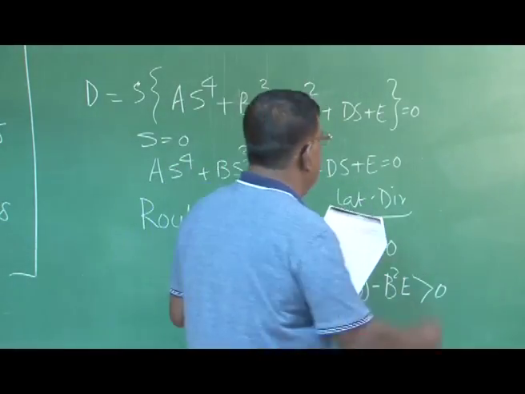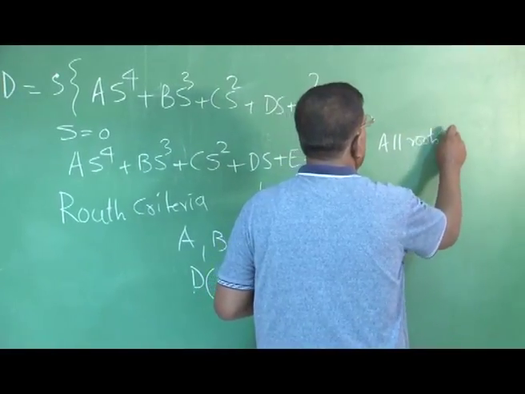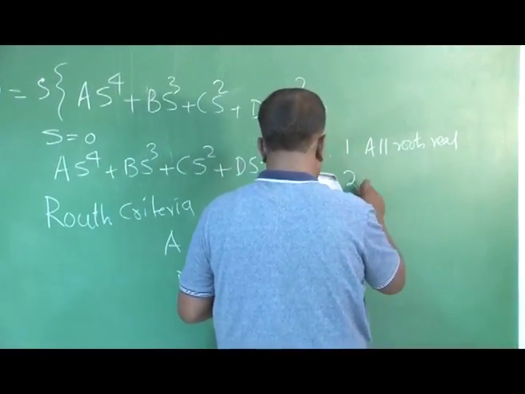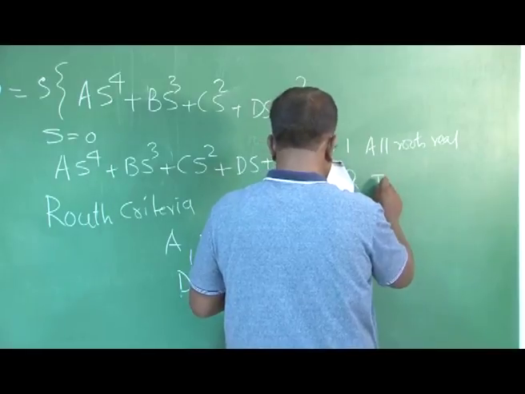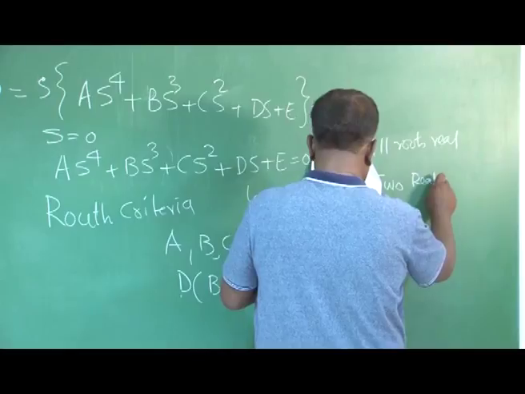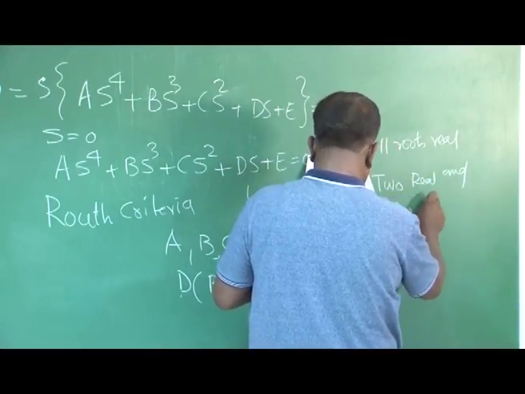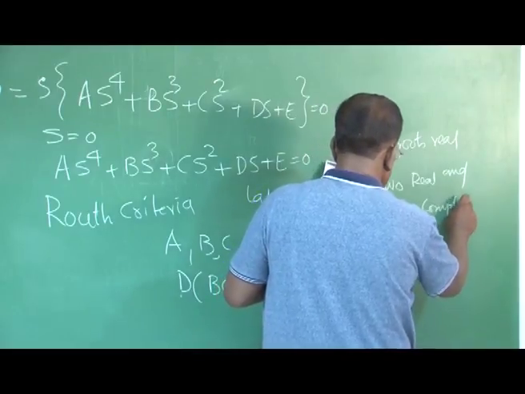Generally, we expect all roots real, or it could be 2 real and 2 complex conjugate.